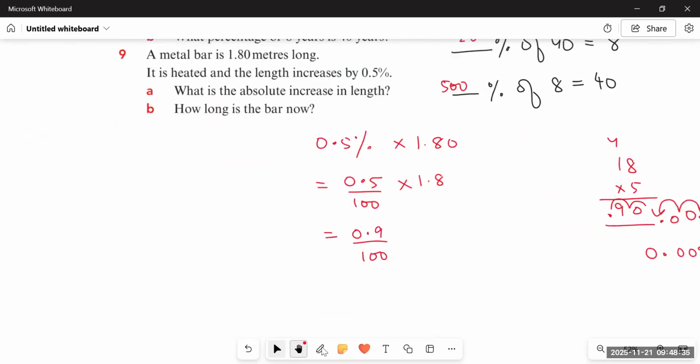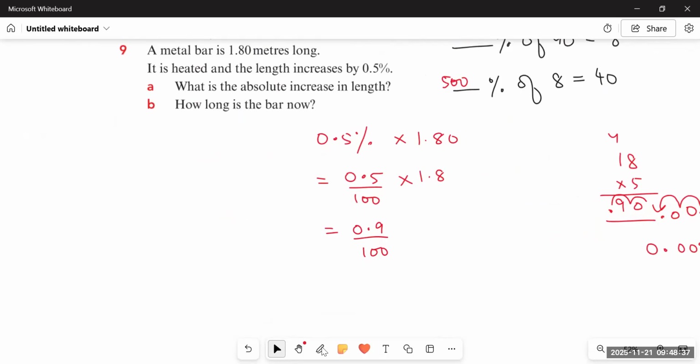That is, the increase in length would be 0.009 meters. It means the absolute increase in length of the metal bar is 0.009 meters.